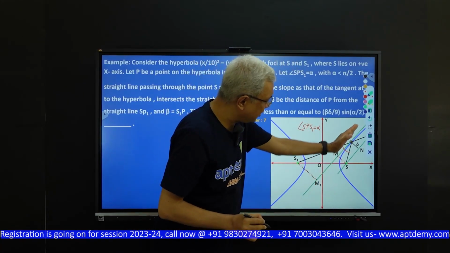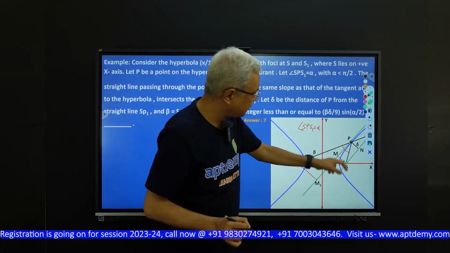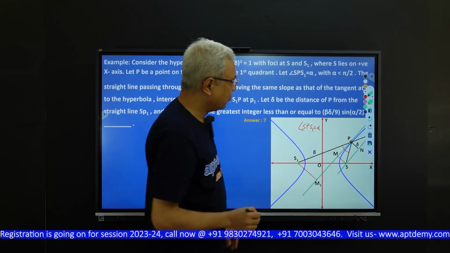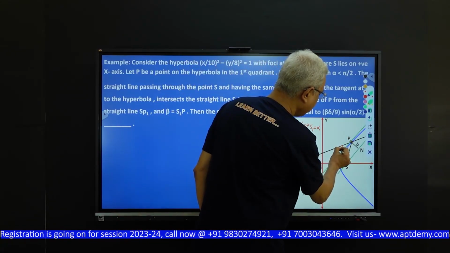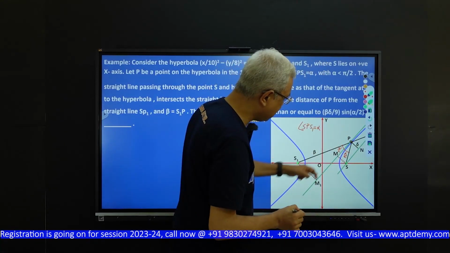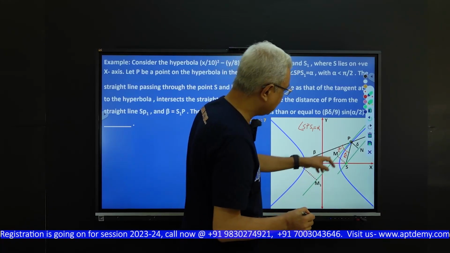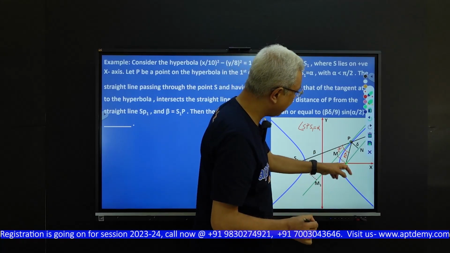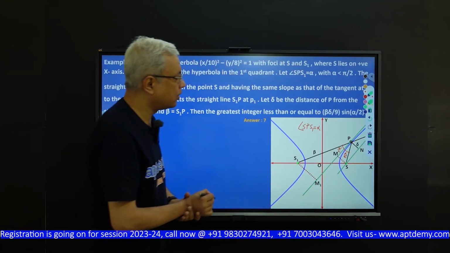Since the tangent bisects the angle SPS1, this angle must be alpha by 2 and this angle also must be alpha by 2. The angle S1PM1 is alpha by 2 and angle SPM1 is also alpha by 2.